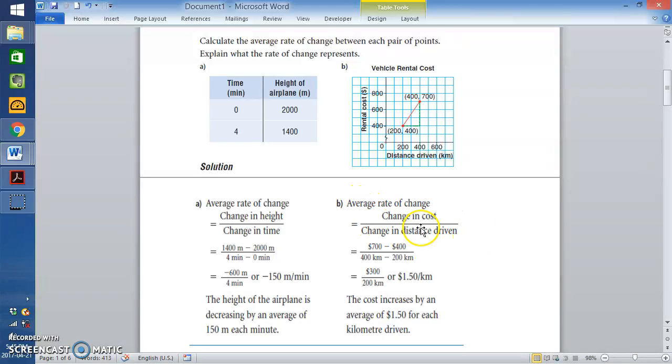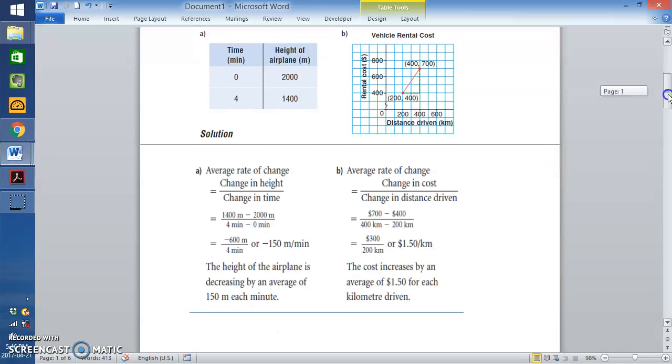Okay, we're going to use the same formula, the change in cost, because that's our dependent variable, divided by the change in distance driven. And the 2 points that are given here, that is what we're going to use to substitute in this formula. And from here, we figure out that we pay $1.50 for each kilometer that we are driving.